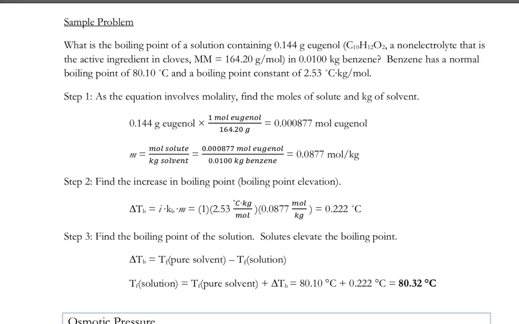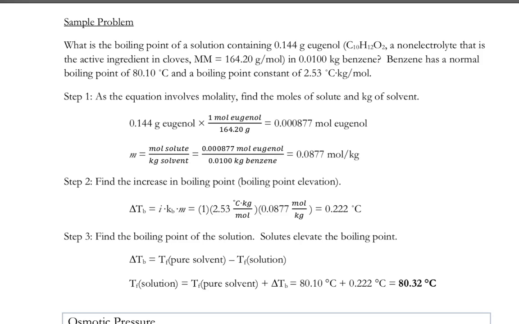Okay, so step 1, as the equation involves molality, find the moles of solute and kilograms of solvent. Alrighty, so we take those 0.144 grams of eugenol, we divide by the molar mass of eugenol, and we get 0.000877 moles of eugenol. The molality then is the moles of the solute divided by the kilograms of the solvent.